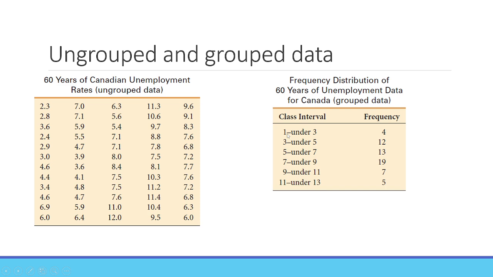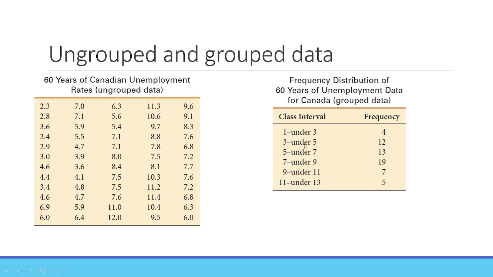It will not move from 1 to 100. If it were moving from 1 to 100, then we would make the class intervals likewise. So we divide these values into class intervals and find the frequencies, and this ungrouped data becomes grouped data.